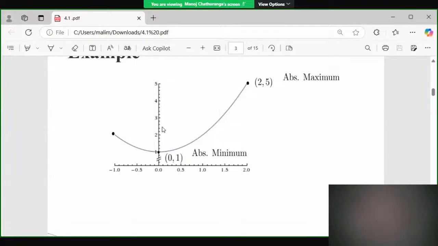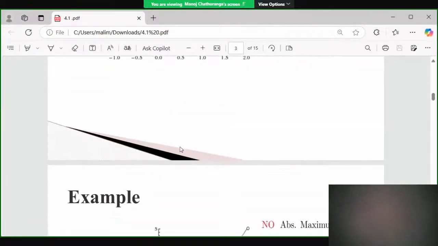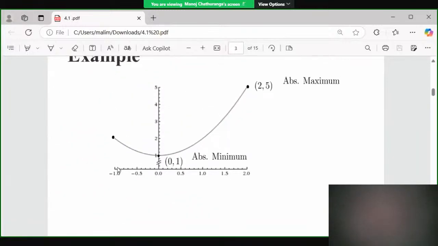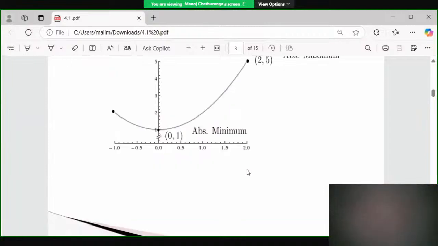Those are the possible y values. So the domain is from -1 to 2, and the range is from 2 to 5. In this case, both endpoints of the domain are included, -1 and 2. So it is a closed interval, -1 to 2.